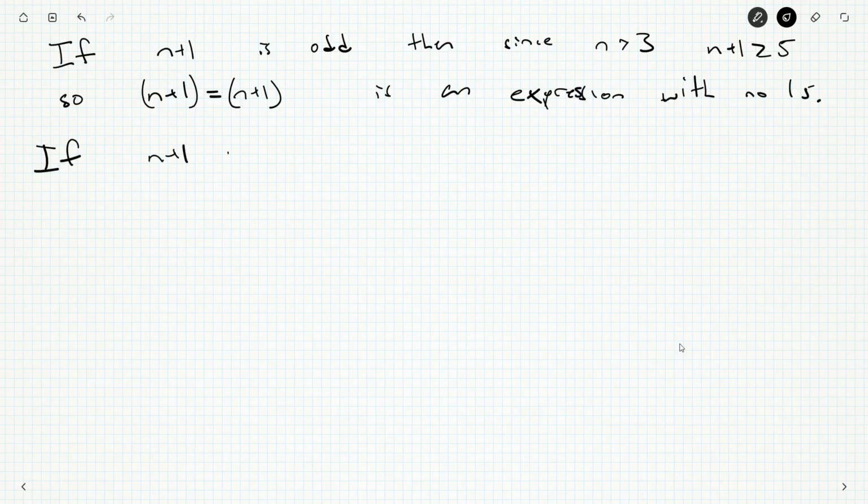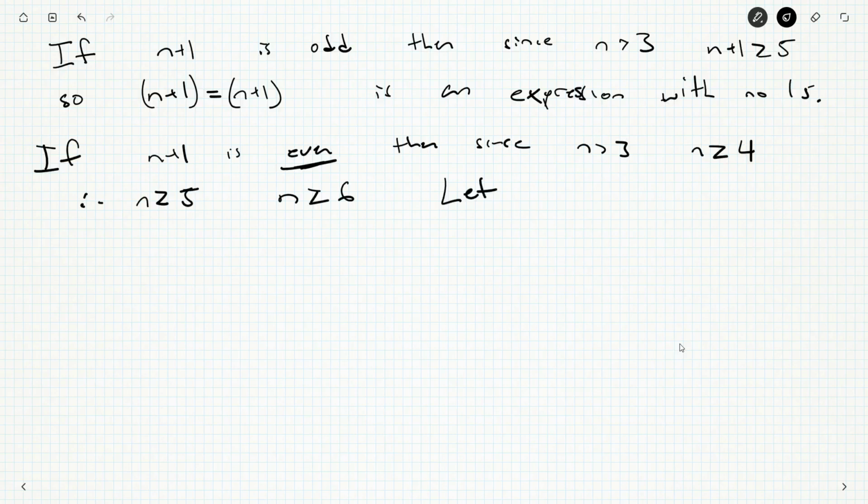Okay. And if n plus 1 is even, then since n is greater than 3, n has to be greater than or equal to 4, therefore n plus 1 is greater than or equal to 5, but because it's even, we know it's got to be greater than or equal to 6.